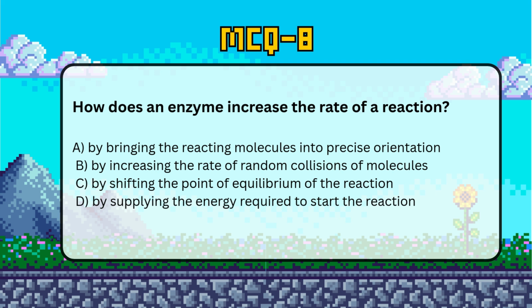D, by supplying the energy required to start the reaction. So the right option is the A option, by bringing the reacting molecules into precise orientation. Why? Because enzymes lower activation energy by proper orientation, not by collision, not by equilibrium shift, and not by providing energy. So the right option is the A option.